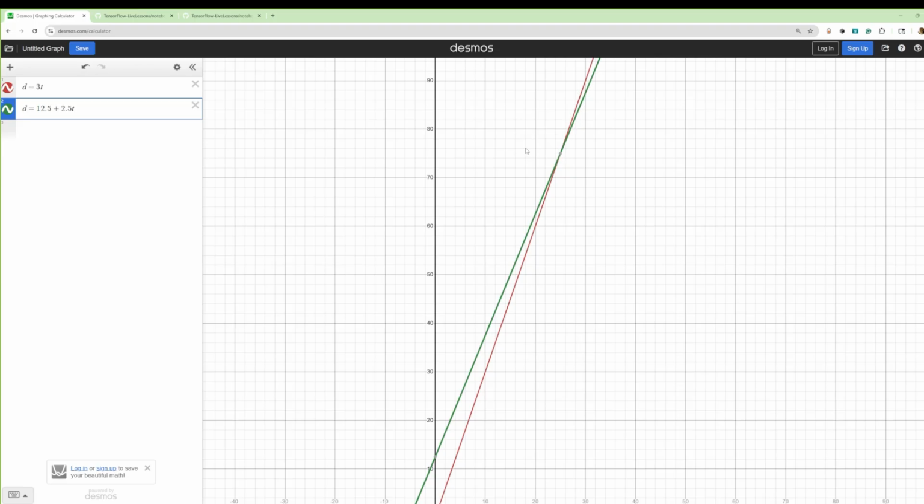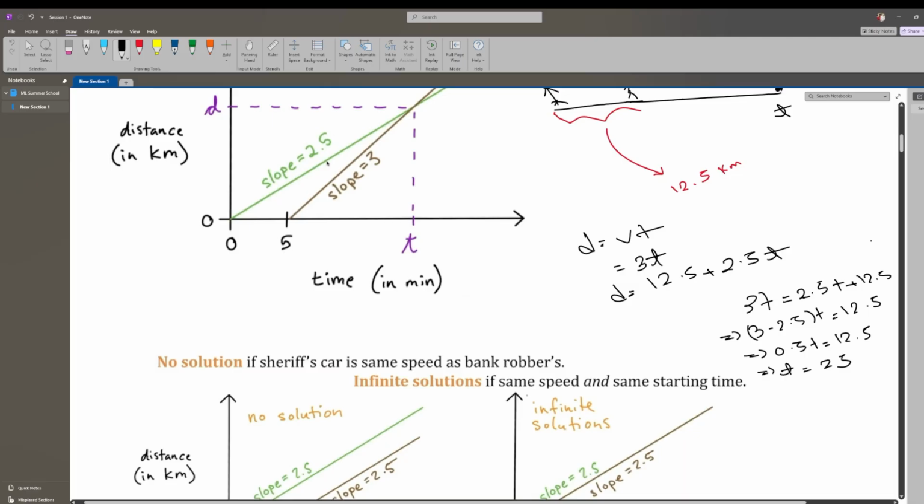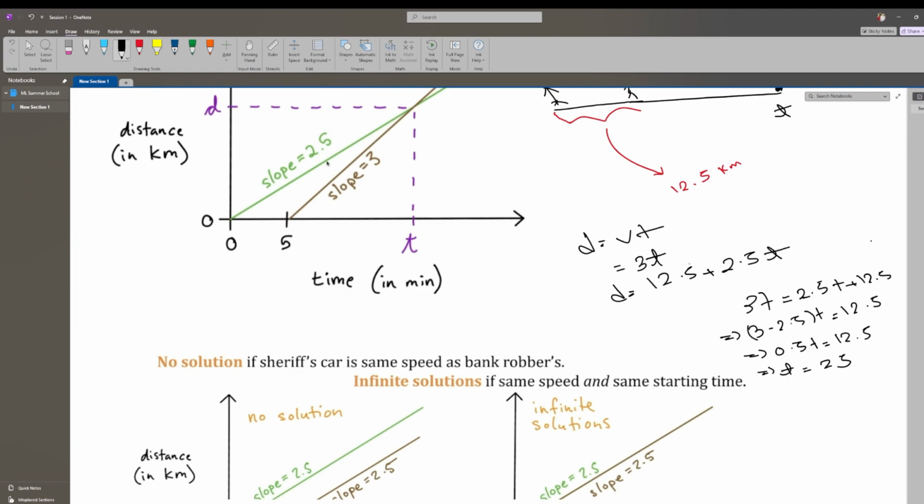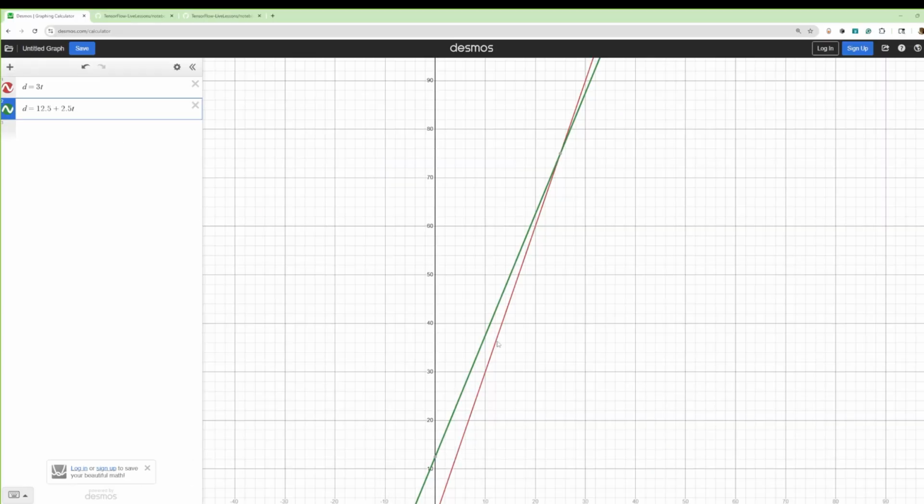That means 25, right? This is the time when they are supposed to collide. How can we verify that? You can see in this point it is also mentioned that the distance they should cover is 75, because you can see 25 comma 75.